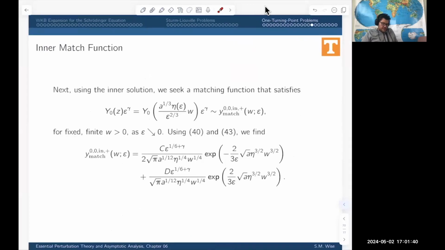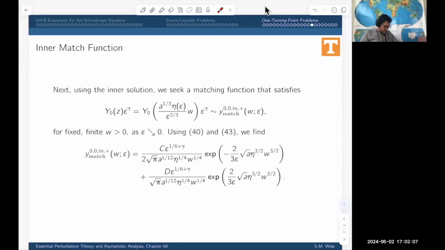So now we need the corresponding inner matching function. And the way you get that is you take the inner solution to the lowest order, or to the leading order. In this case, notice that our leading order is y0 times epsilon to the gamma power.